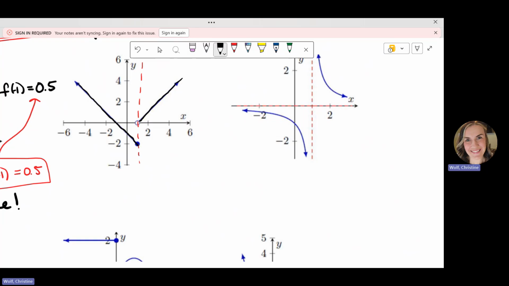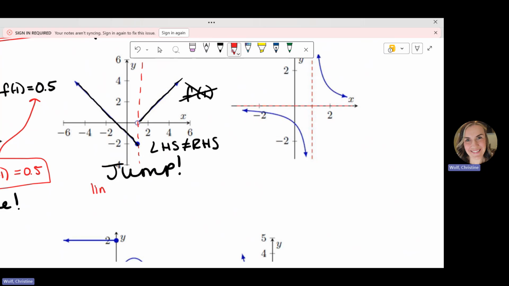So the left-hand side and the right-hand side limits are not equal to each other, and that's the definition. For jump discontinuity, we don't even have to check the whole f of one thing. As soon as we see the left-hand side not equaling the right-hand side of the limit, that is a jump.